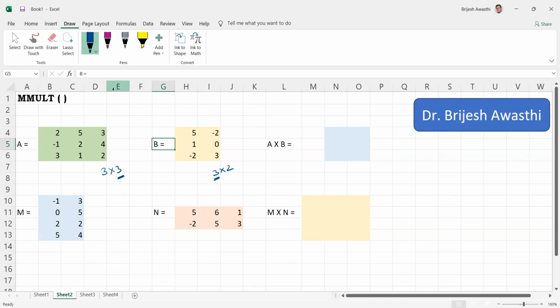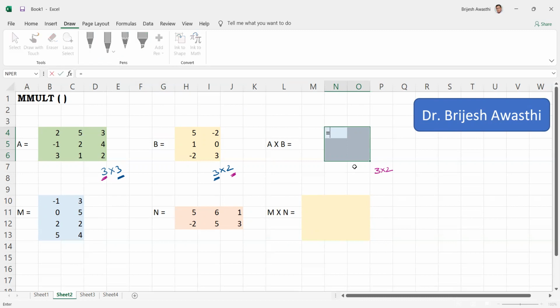And the order of the output matrix is the number of rows of the first matrix by the number of columns of the second matrix, that is 3 by 2. That is why I am going to select an area of 3 by 2, that means 3 rows and 2 columns.